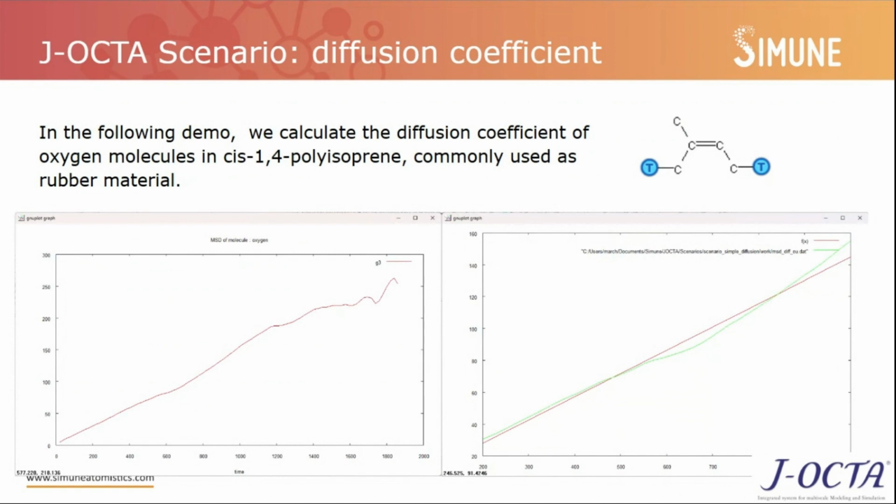This is going to be the results of this run of this scenario. I will show this on polyisoprene, which is a commonly used rubber material. On the left, there is the mean square displacement result of the MD run, and on the right, there is the fitting of the MSD to extract the diffusion coefficient.